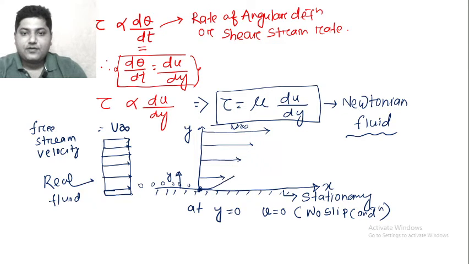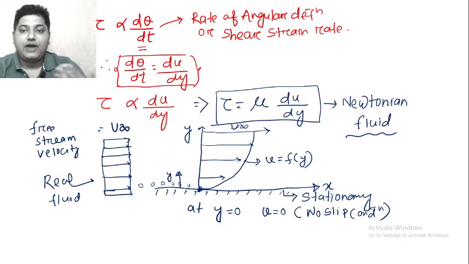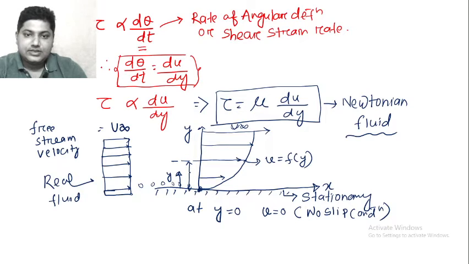So it will follow one velocity profile, and this velocity profile is a function of the depth, a function of y. Suppose I am choosing a y distance from this point.